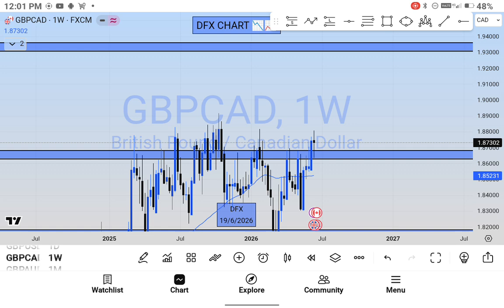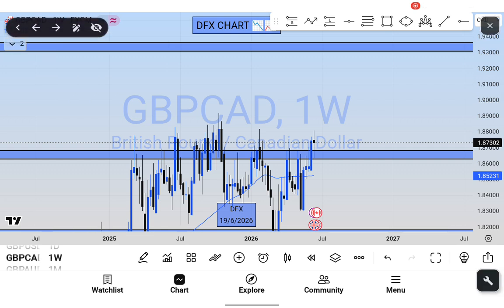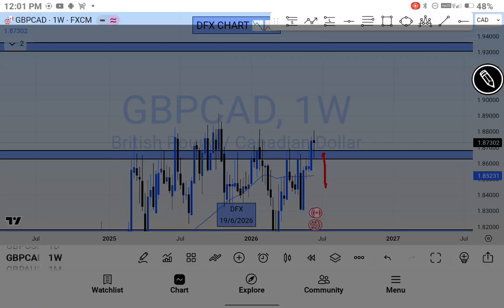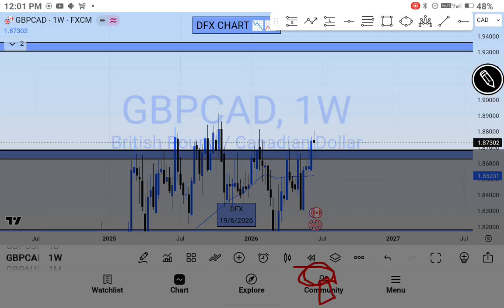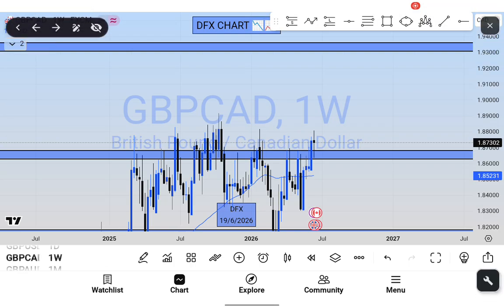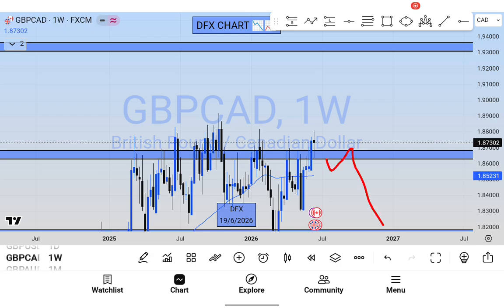The market might open with a new candle here, then decide to close below. If something like that happens, we are forming an evening star on the weekly time frame, which means the market is no more buying and we are about to sell to the downside. But whichever way the market gives us a signal, we react to whatever the market is telling us.